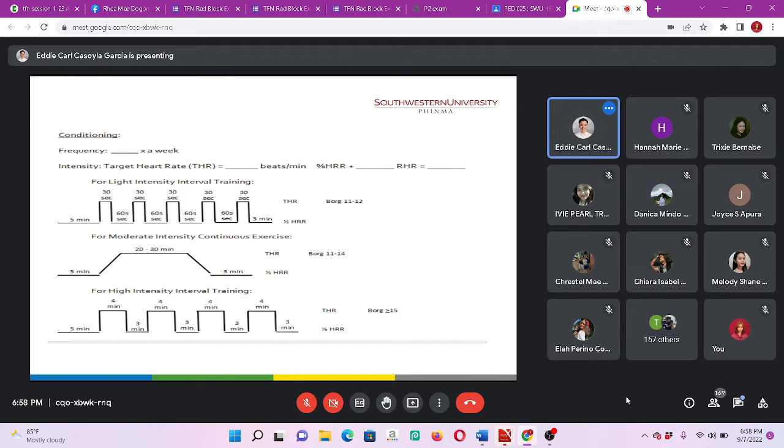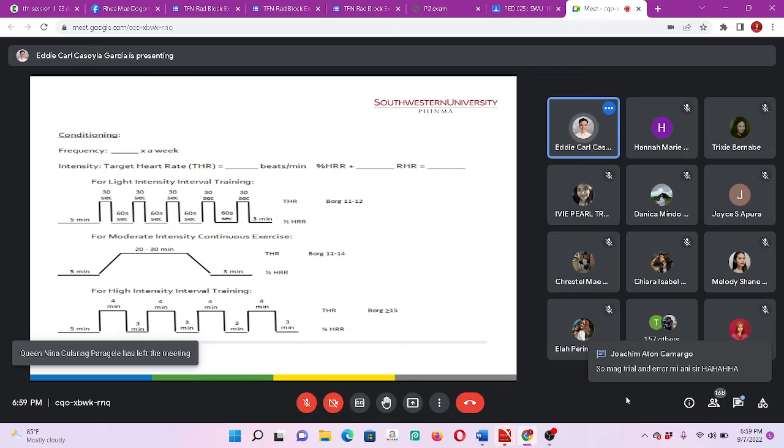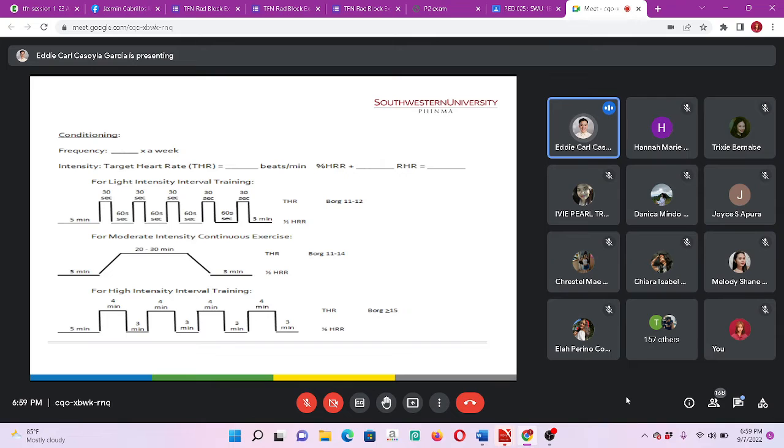Okay? And again, for the heart rate at low interval, for example, 5 minutes. Yes, that is what will happen. It is trial and error. That is why as a first trial, in the first cycle, you need to observe.